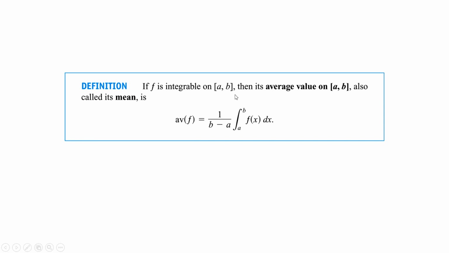If f is integrable on a closed interval AB, then its average value on AB, which is also called the mean of the function, is the area divided by b minus a. We just came to know that area is equal to the area under the curve above the closed interval AB, which is given by this integral.